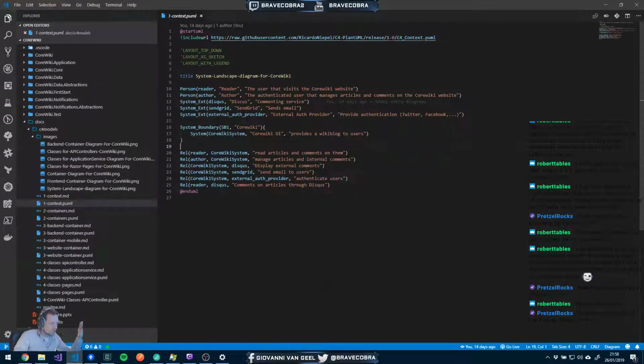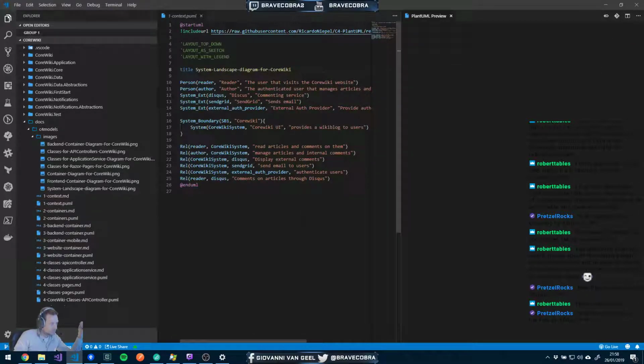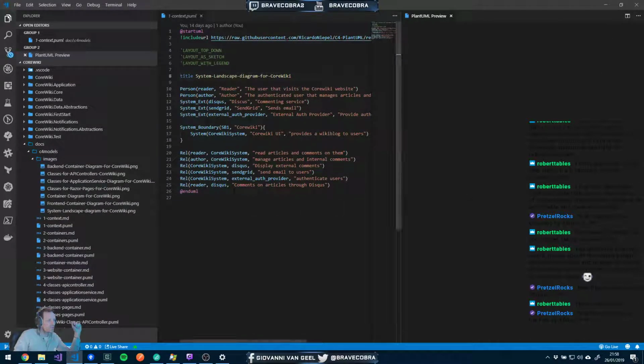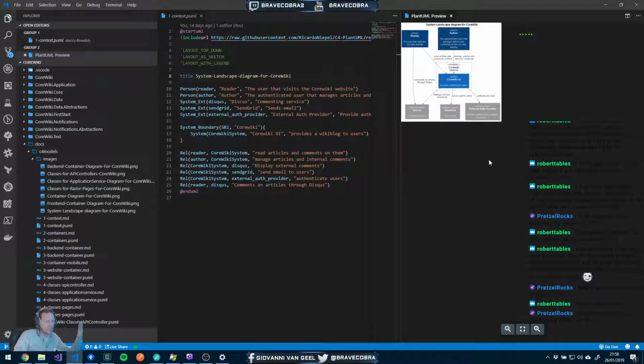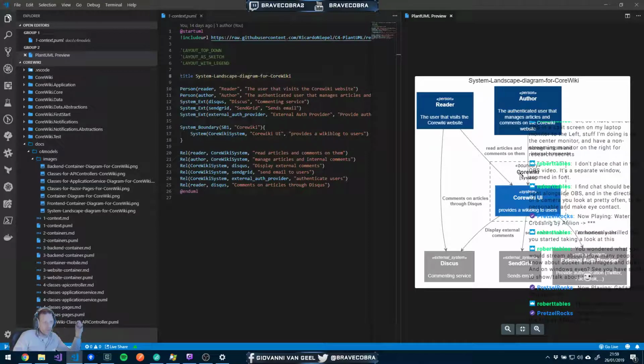So the only thing you do now is you just go preview the current diagram, which should be working, there we go, and this starts PlantUML in the background, which is a Java application, and that generates a diagram, right? Which should be looking something like what we have here. Yeah, okay, there we go.